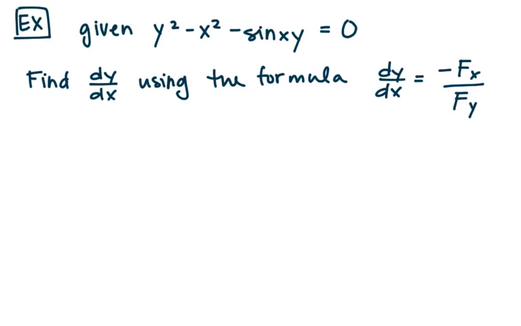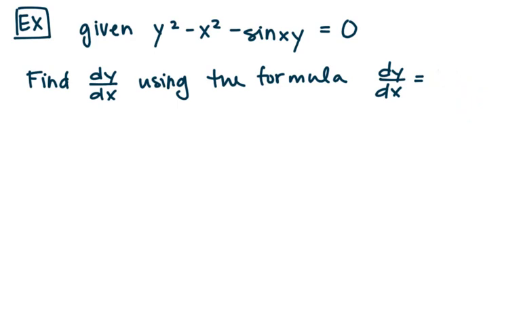For this example, we are given an implicitly defined function, and it's equal to 0, which was one of the conditions. Not always will your implicitly defined function be equal to 0, but you can always move all of the terms to one side, and then it would be equal to 0. As long as you have this equal to 0, we can use this shortcut formula. Essentially, we're going to find the partial of the function with respect to x, divide it by the partial of the function with respect to y, and then negate it.